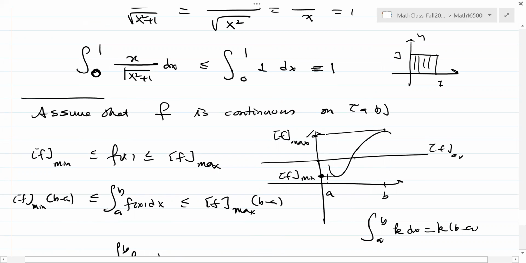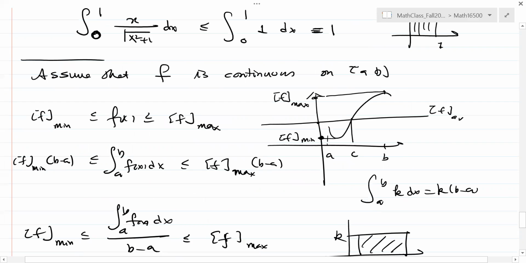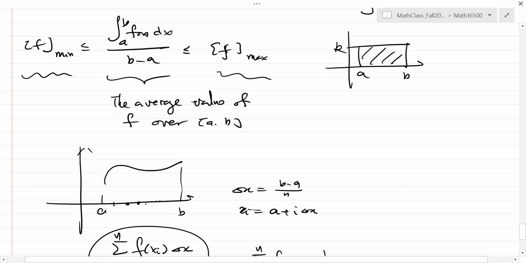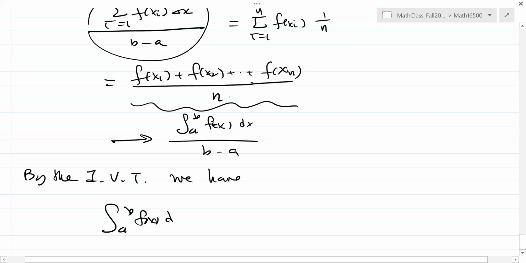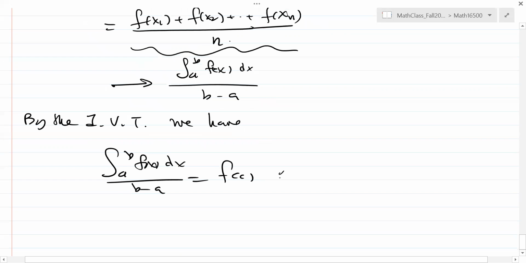So there should be another value c, by the intermediate value theorem, and we have the following property: the average value equals f of c for some c in the interval from a to b.